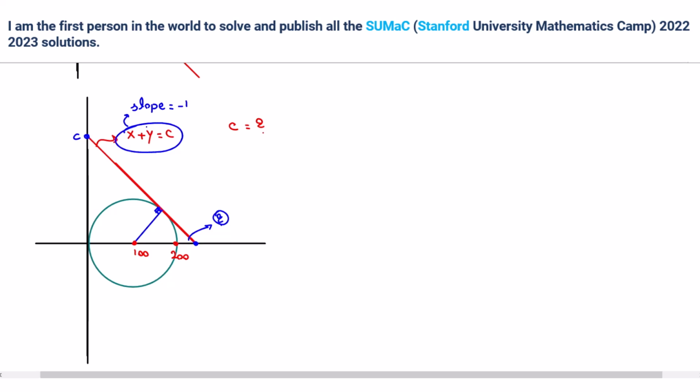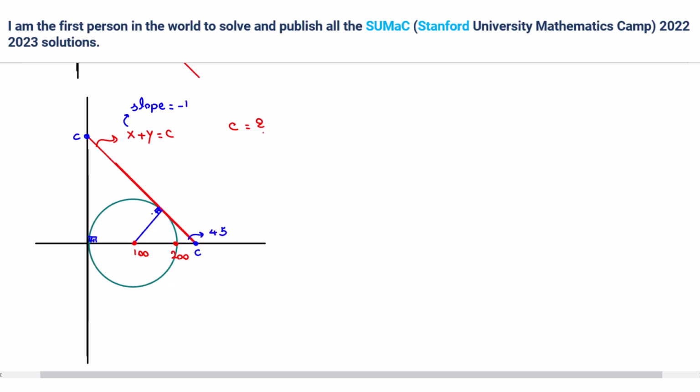If y is 0, then x is C. So it is also C. Pay attention to this right-angle triangle. This is C and C, so this angle is 45, right? Also you can tell without the slope. So it is 45.